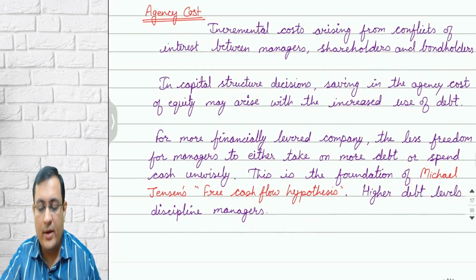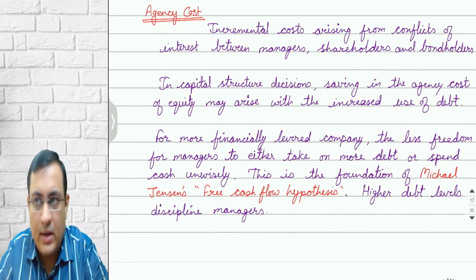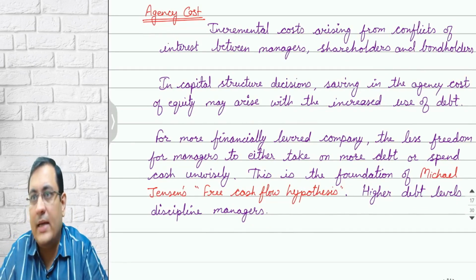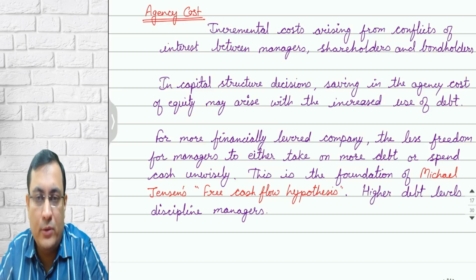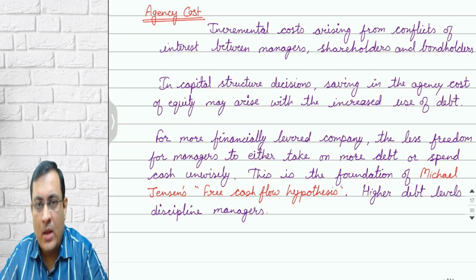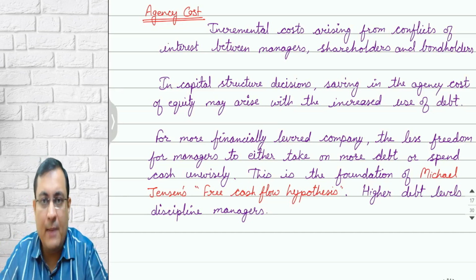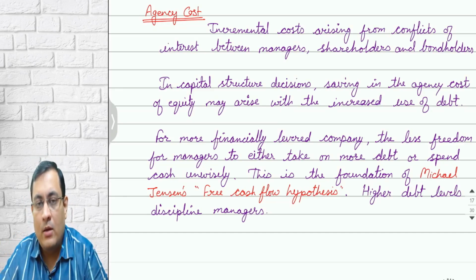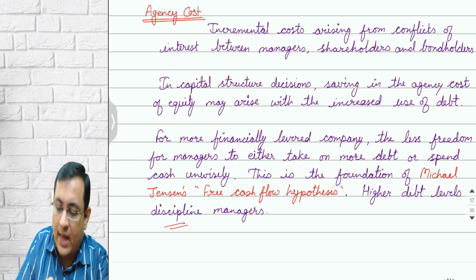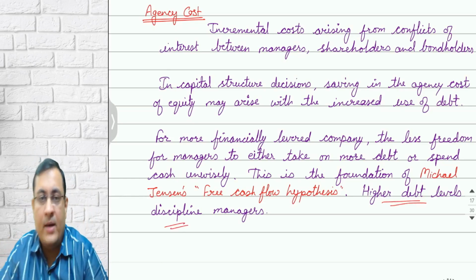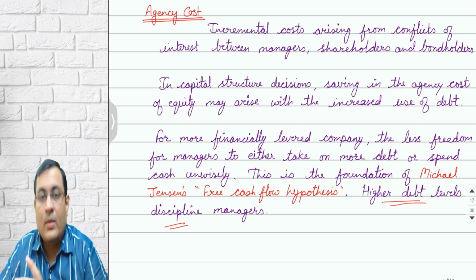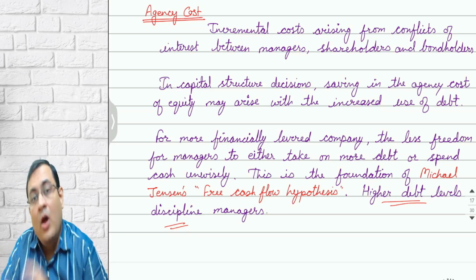Agency cost we have already done, but in agency cost there is one hypothesis, the free cash flow hypothesis, that is Michael Jensen's free cash flow hypothesis. What this says is that as you increase debt in the capital structure, your management will become more disciplined with the higher debt. Why will they become more disciplined? Because they will have less free cash flow to spend.